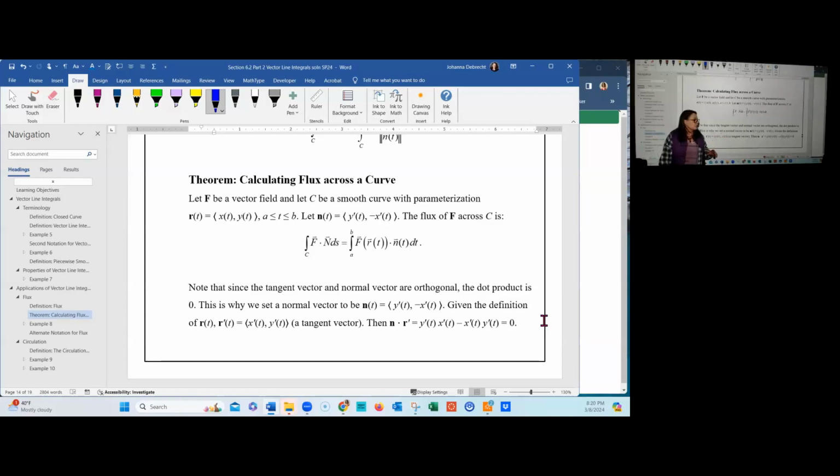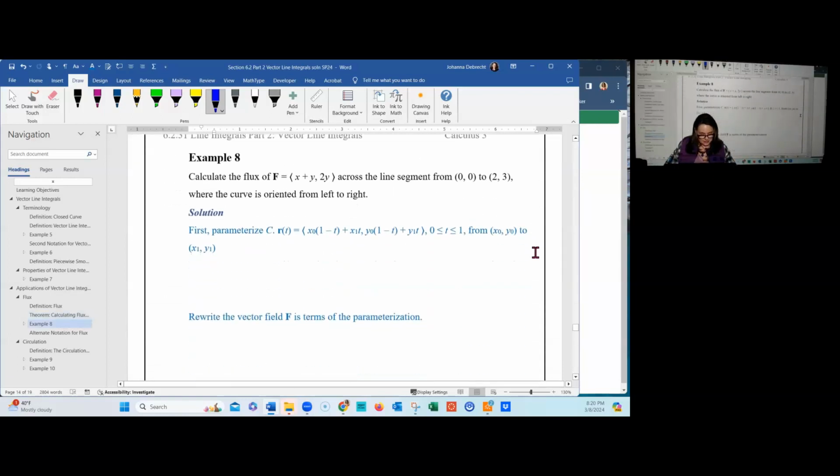We know from the definition of the dot product that when two vectors are orthogonal, or perpendicular, the dot product will give us 0, and when the dot product is 0, they must be orthogonal. If we dot the normal vector with the tangent vector r prime, we find that it does give us 0, which means that this vector, y prime of t, negative x prime of t, is in fact a normal vector to the curve. It's not the only normal vector, but it definitely is one that will work.